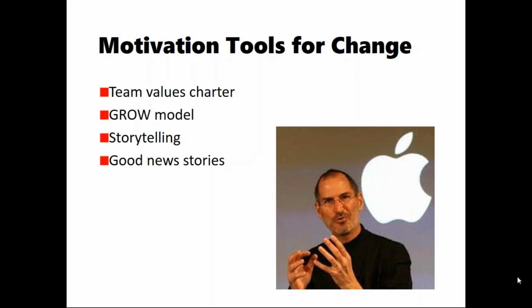The GROW model, those of you who have been exposed to the GROW model, it's a great methodology, and it stands for goal, R for reality, O for options, and W for what next.